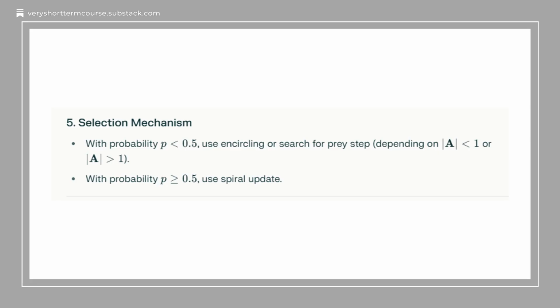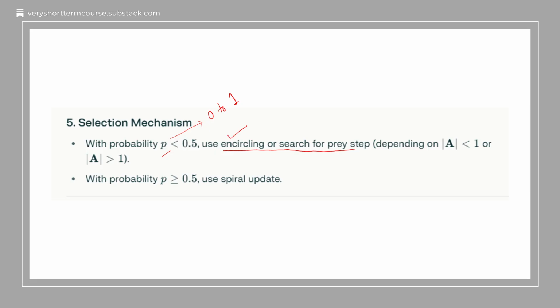So here you see with probability p, that means the random value that you have generated at the first step, within 0 to 1. If the random value p is less than 0.5, you will use the encircling or search for prey step depending on the absolute value of big A. If it is less than 1, you will follow the encircling phase.